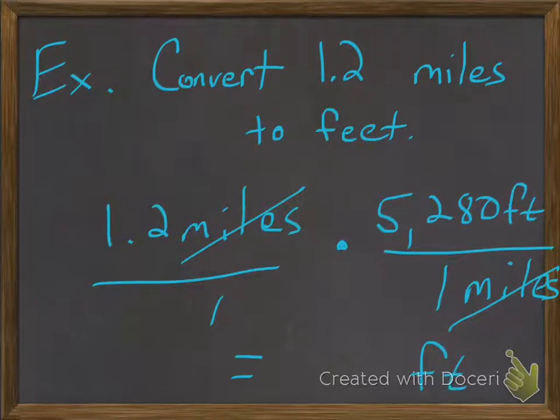Now let's do the numbers. 1.2 multiply across times 5,280 is 6,336 feet. That's our answer. We converted 1.2 miles using the conversion factor of 5,280 feet over 1 mile and made it equal to just feet.